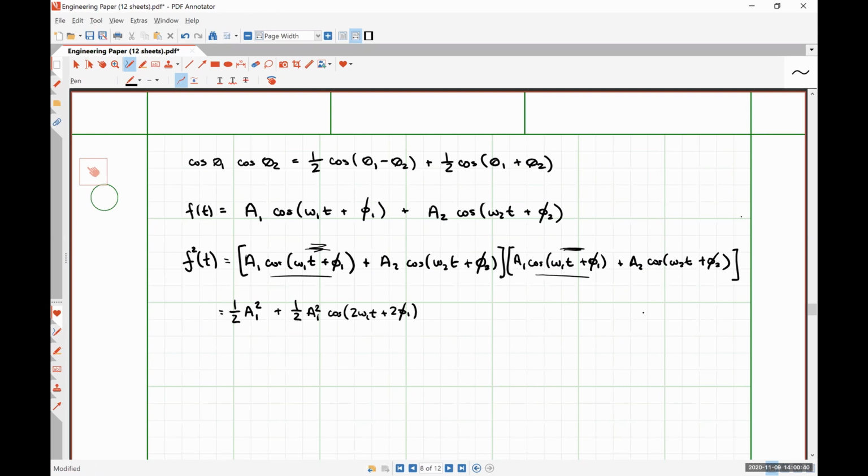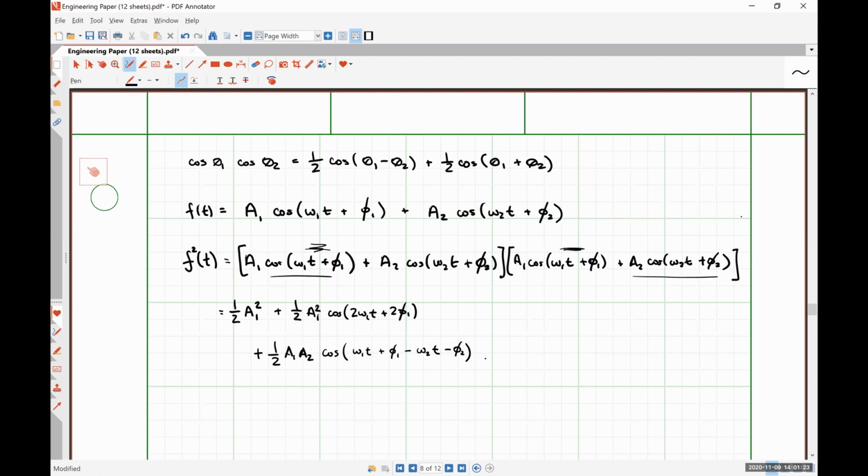When I multiply that first bit by this bit, I'm going to get 1/2 a1 a2, and when I take the difference, it's going to be cosine of omega 1t plus phi 1 minus omega 2t minus phi 2.